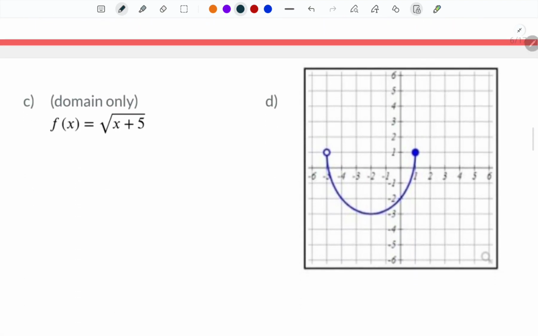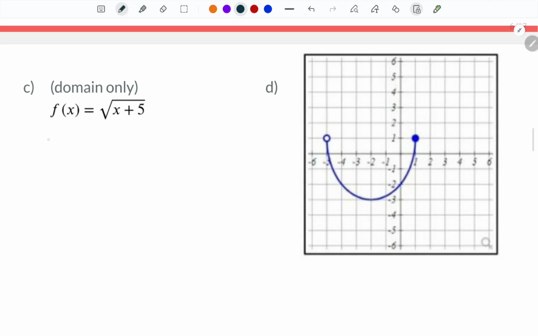Okay, let's continue. So the square root, we have to look at what's underneath the square root. We can't have negative numbers inside the square root. It needs to be greater than or equal to 0. So rearrange that, and what you get is x is greater than or equal to -5. And so our domain would be any real number such that x is greater than or equal to -5.